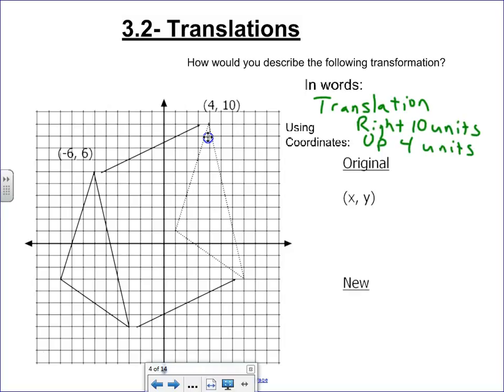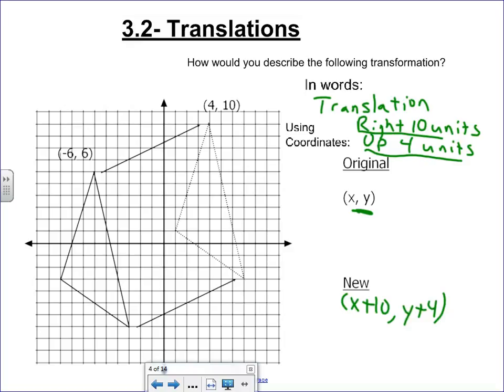Okay, so we can use coordinate notation, just like we learned a little bit last time, to describe how the coordinates change. So the original, we're saying those are x and y. Now our new coordinate, well, what did we do to the x? Well, we went right 10 units. In that case, we're adding 10 to our x coordinate, and our y coordinate went up 4, so we're adding 4.